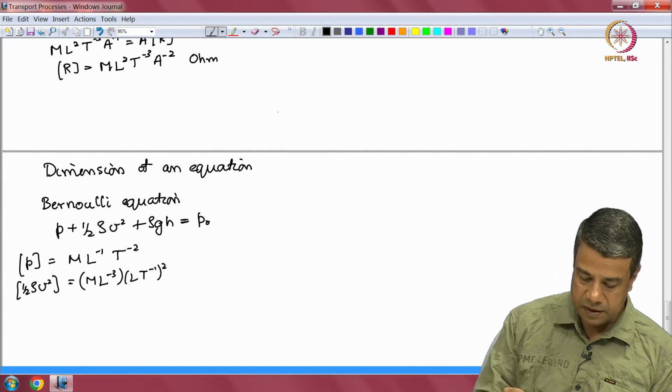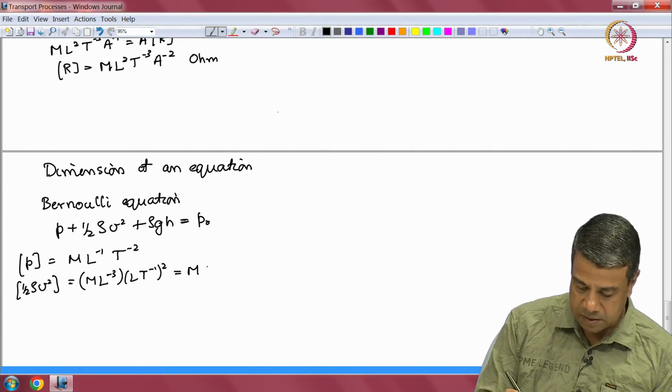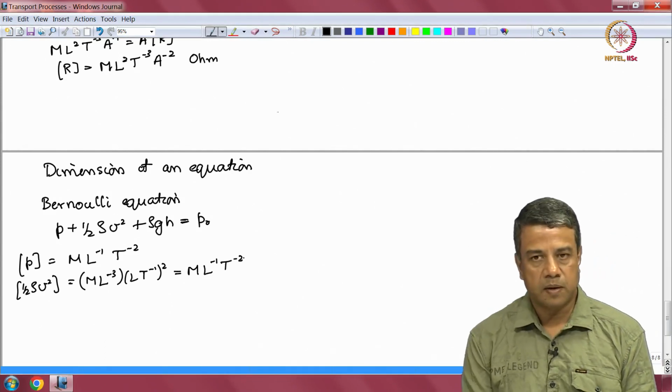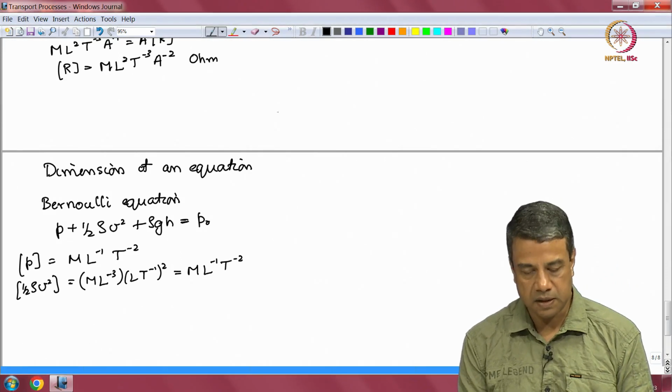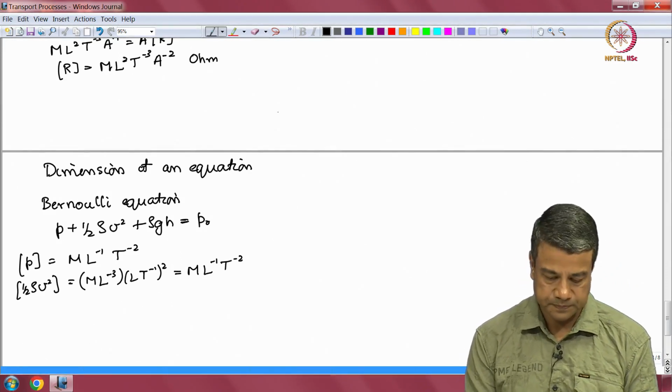You can verify that this has the same dimension, m L inverse t power minus 2: L power minus 3 in the density, L square in velocity square, so you get m L inverse t power minus 2.